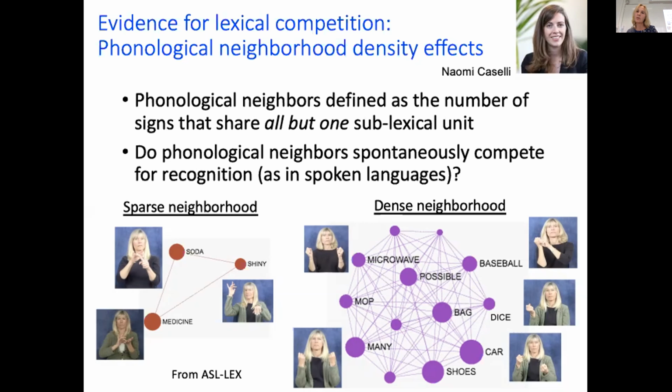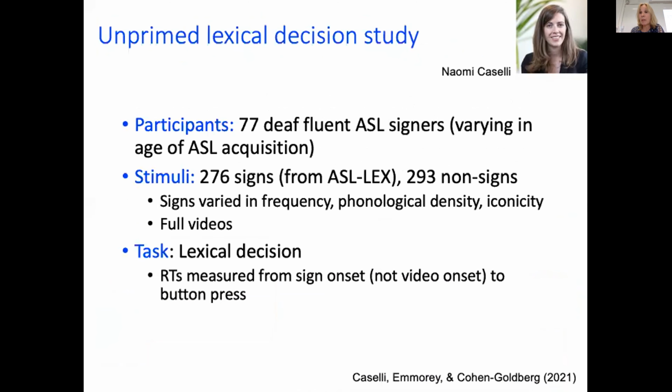So everything I've been telling you so far, you see a prime sign, okay? But what about just recognizing words without primes, just spontaneously? Do we see evidence that signs spontaneously compete for recognition as found for spoken languages? So this is basically asking, do we see a phonological neighborhood effect?